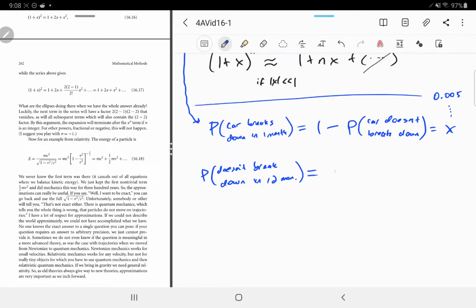It has to not break down in January, it has to not break down in February, it has to not break down in March, etc. And if those are independent events, then you can just multiply those probabilities. So it's the probability that it doesn't break down 12 times. And we can read from here, the probability that the car doesn't break down is 1 minus x. So this is (1 minus x) to the 12.